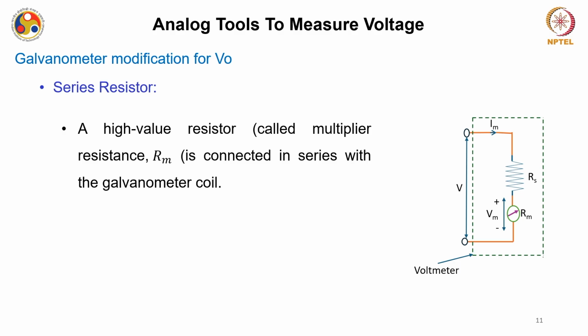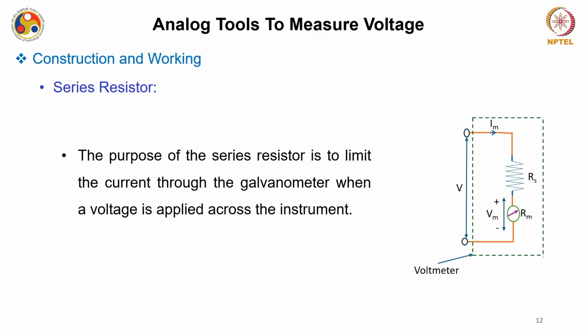A high value resistance, which is known as a multiplier resistance Rm, is connected in series with a galvanometer coil for conversion of this galvanometer into a voltmeter, okay. The purpose of this series resistor, or the multiplier, is to limit the current flowing through the galvanometer when a voltage is applied across the instrument, okay.